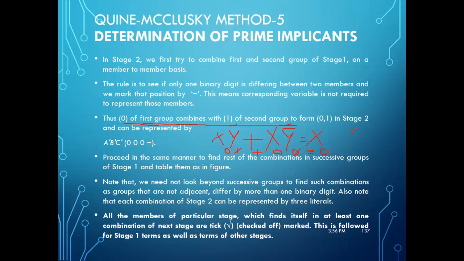You go on putting check marks. That means if the group 0 is combined with the min term 1, you write 0 comma 1, and that time the min terms 0 and 1 have to be checked. Like this we do.